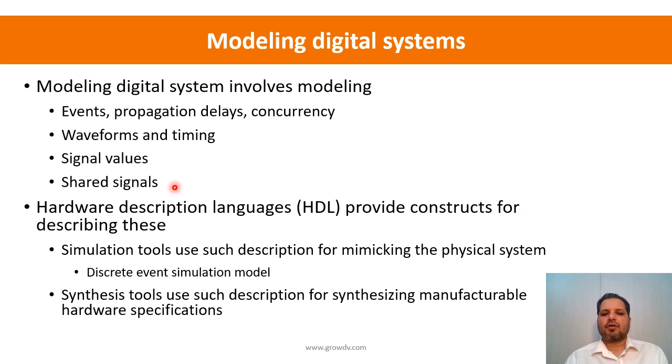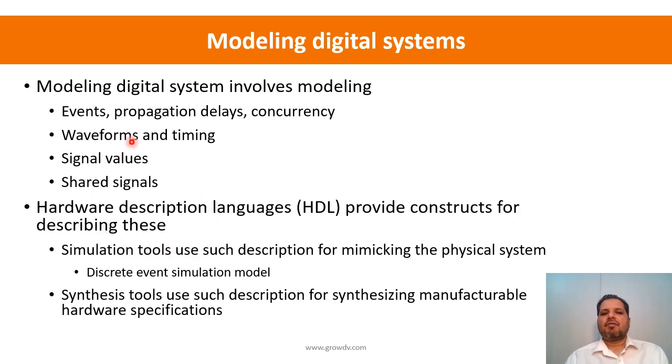For example, in the past the original PCI, not PCI Express, used to be a shared bus, but now all the latest buses are point to point. But I'm sure there might still be some board level designs using shared signals, so that also needs to be modeled using the HDL.